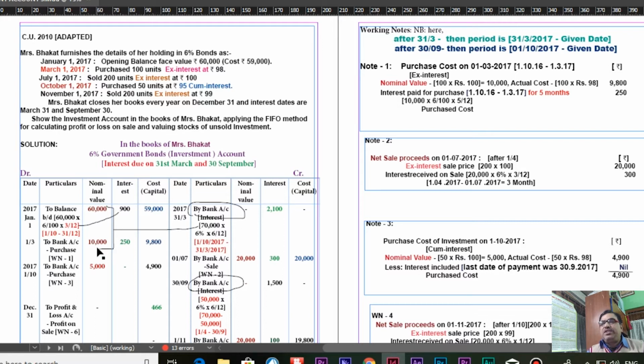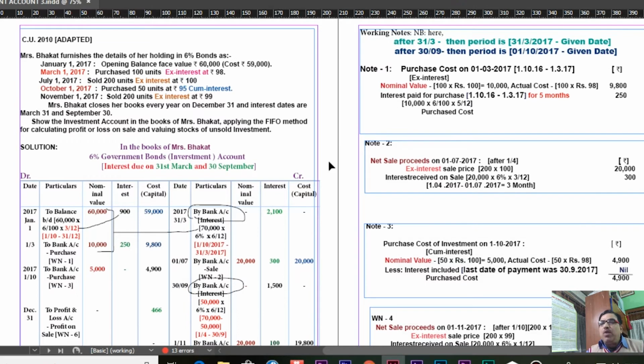In case of purchase of anything, what will be the transaction? In case of purchase of investment account, debit investment account, credit bank account. Therefore, to bank for purchase under investment account. Therefore, 10,000 under nominal value and under cost or capital value, what will be the amount?